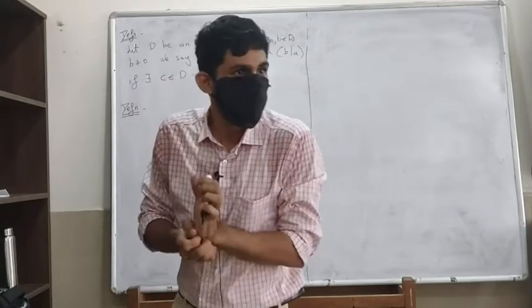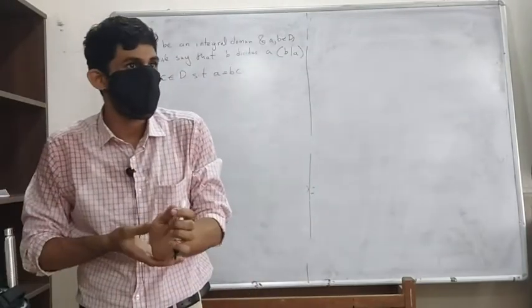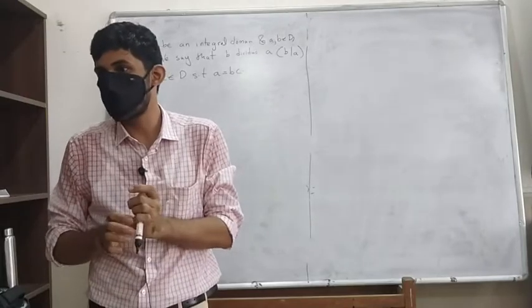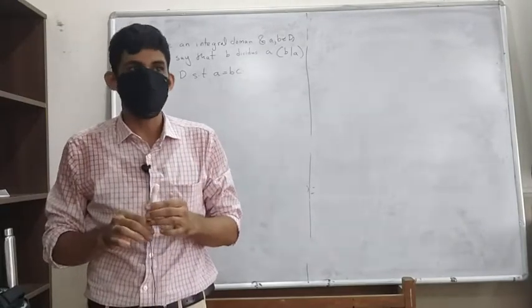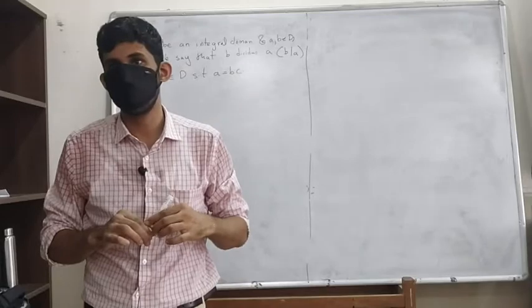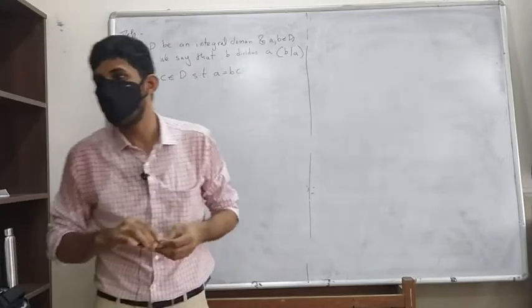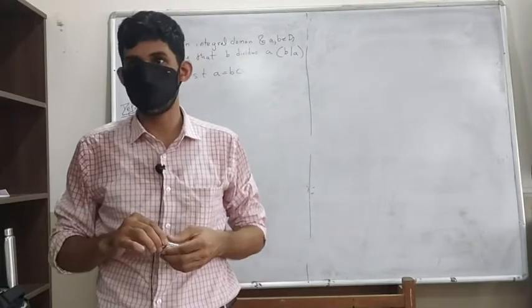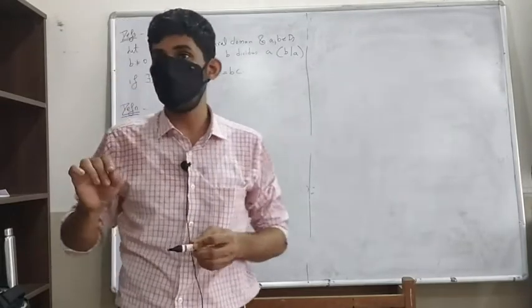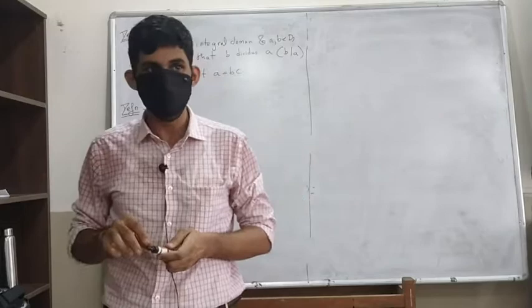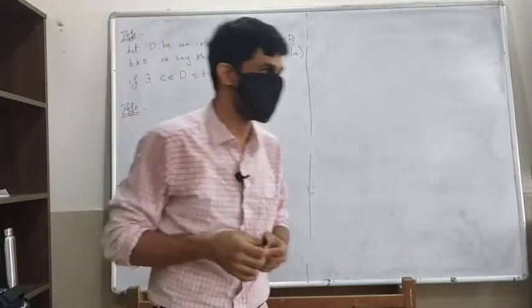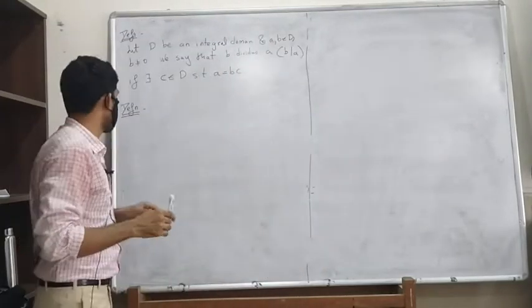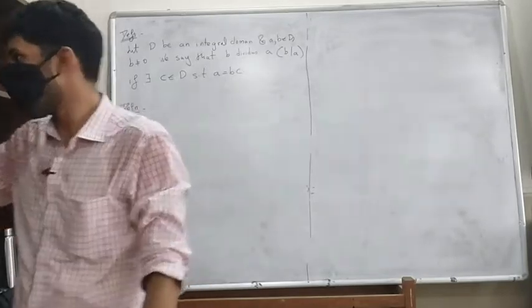A nice question to ask yourself is, what are the units in F[x]? I will leave that up to you. Let's see who gives me an answer. Which elements have multiplicative inverses in F[x]? Anyway, we will come back to that later.